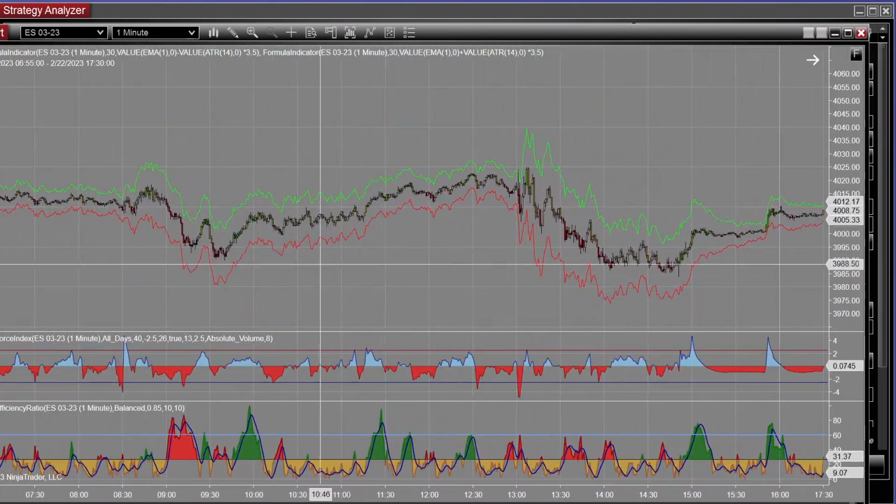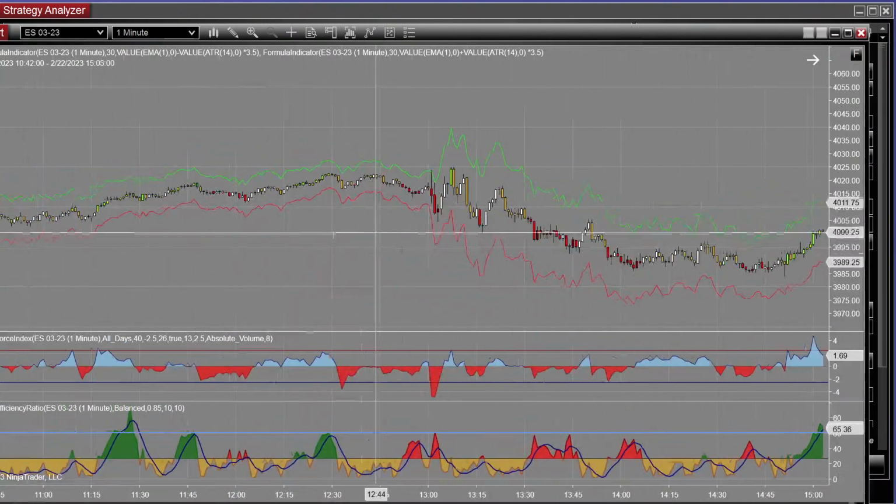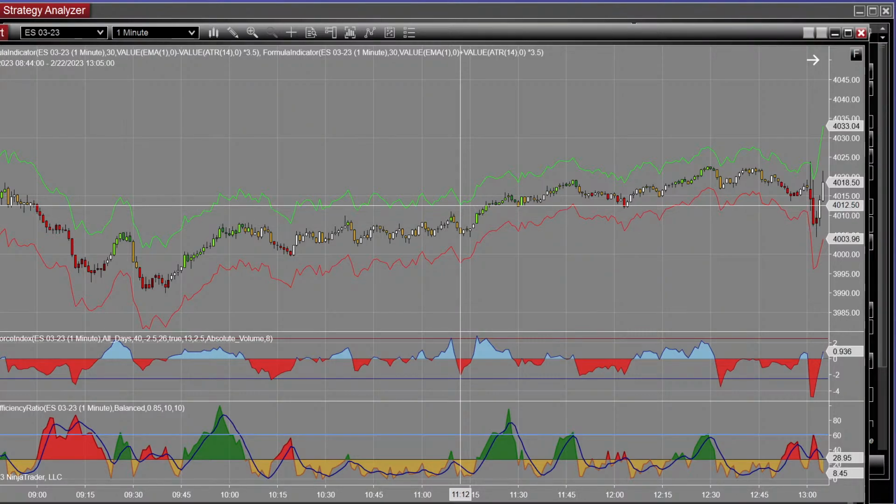Here you can see we have bands, and these bands are just based off of a formula of the ATR. At every close price, we get a new band value, and this is just the ATR multiple away from the close price.